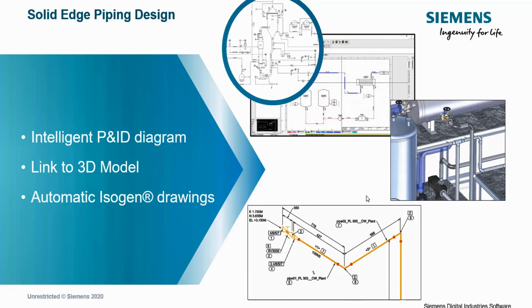That showed the link to the P&IDs, ensuring that the parts all fit together, making sure there's no clashes. And then we showed the auto pipe routing and clash detection. Finally, we created some isometric drawings showing parts and components lists available for downstream fabrication. So, back to you, Graham.